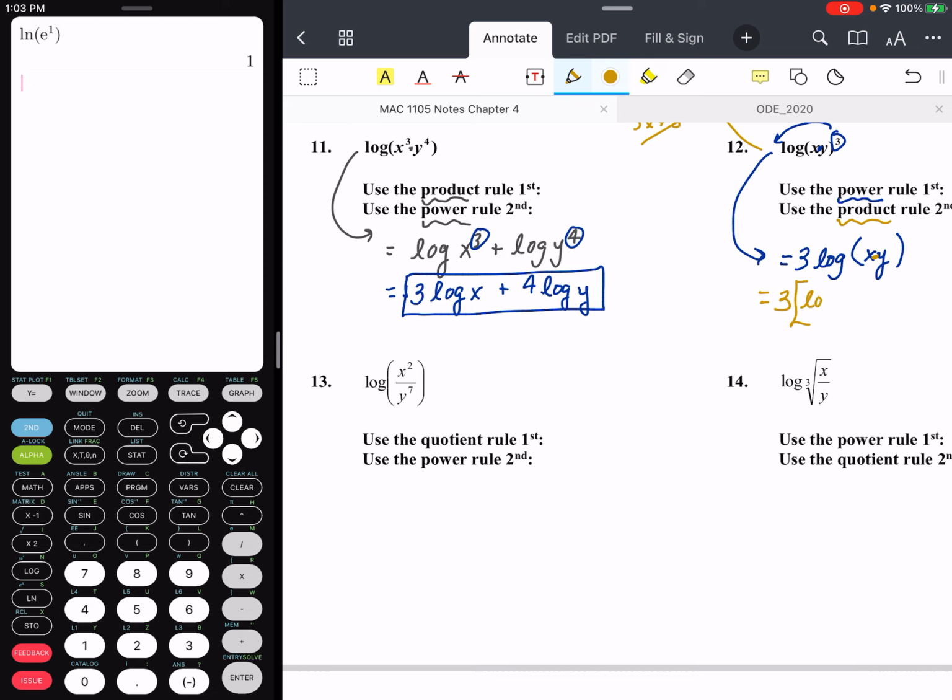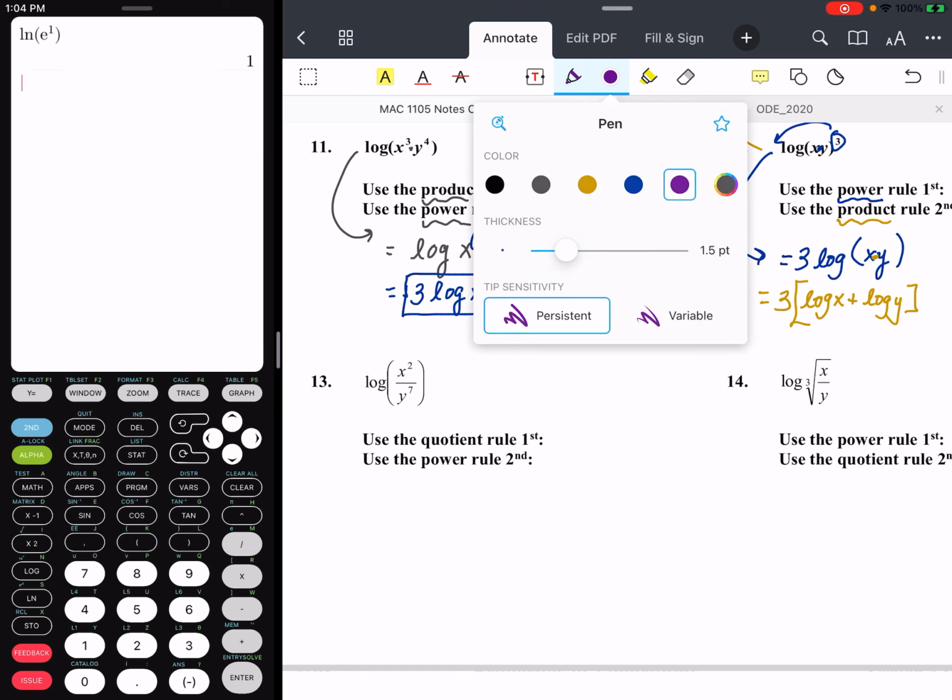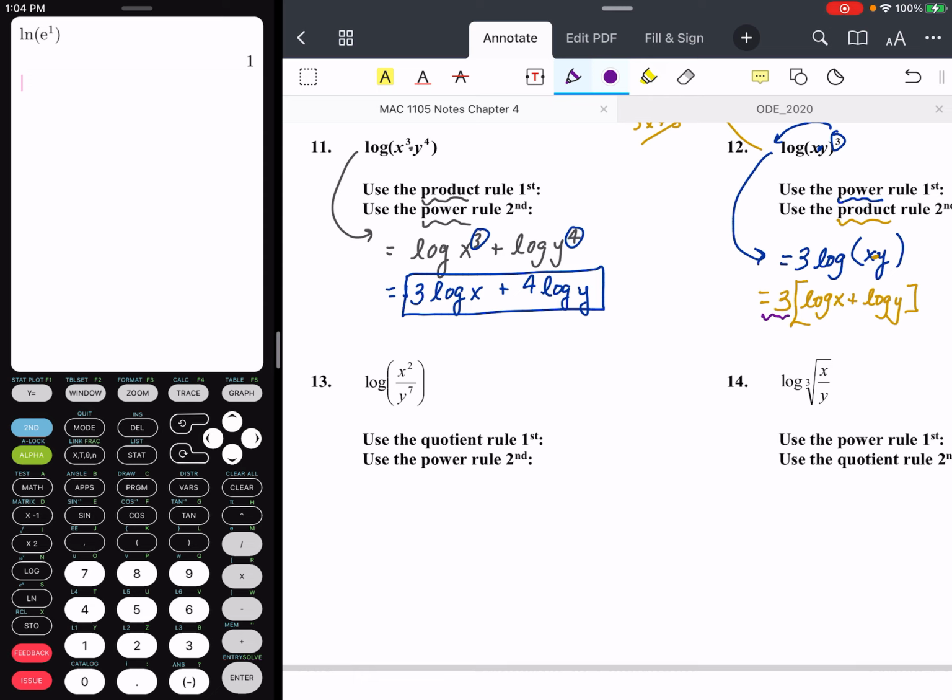So using the product rule, that becomes log of x plus log of y. Now, I know I gave you guys that PSA about how you can't distribute logs, but you can distribute a 3. A 3 is a constant, right? So I can go ahead and distribute this as 3 times the log of x plus 3 times the log of y. And that's my final answer.